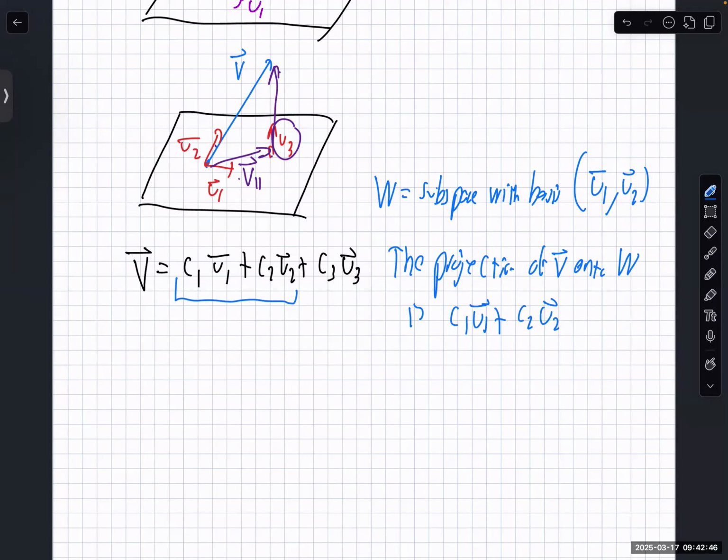This part is the projection of V onto the subspace.